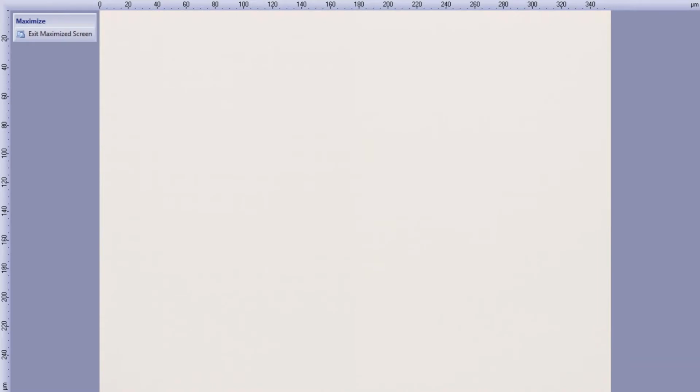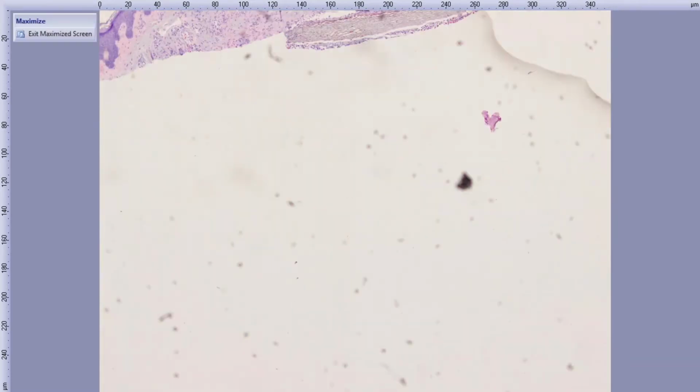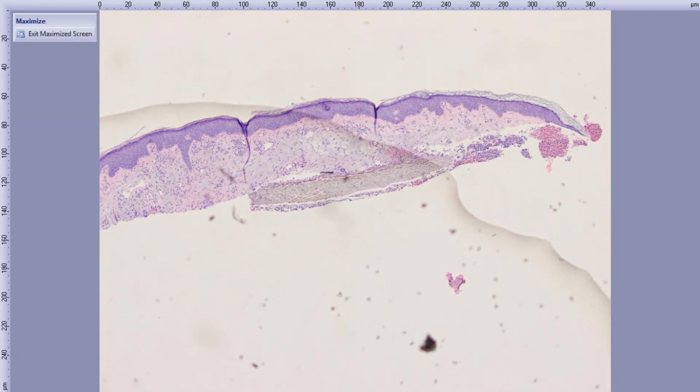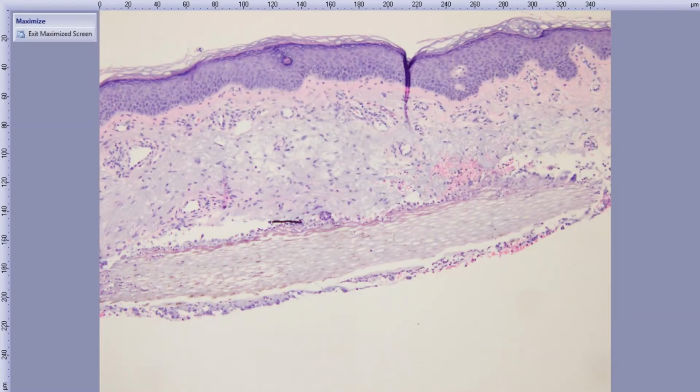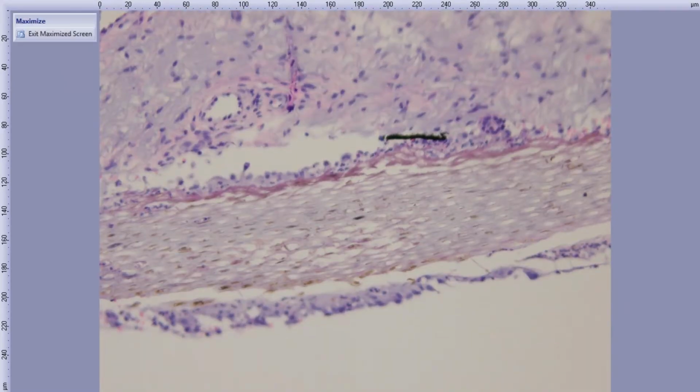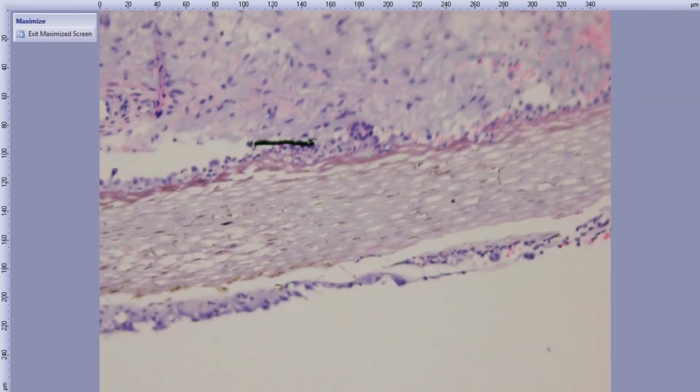This is where I may be out of order. So is this what you guys have next on your list? Wood splinter. Yep, there you go. Perfect. And I was going a little bit higher power. There are some fungal organisms.